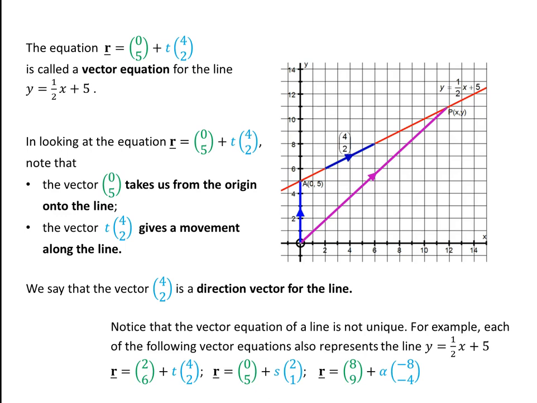Or instead, we could say r = (0, 5) + s(2, 1). Instead of using the vector (4, 2) as a direction vector for the line, we could use the vector (2, 1). So we can see there are lots and lots of different ways of writing a vector equation for the line.